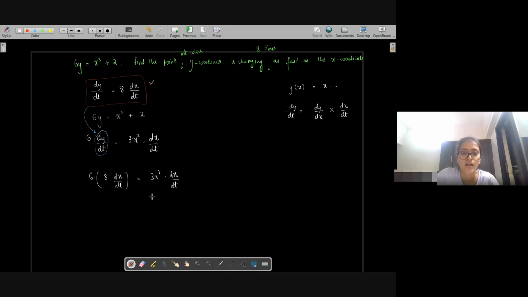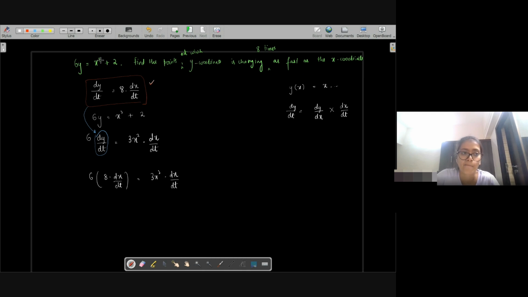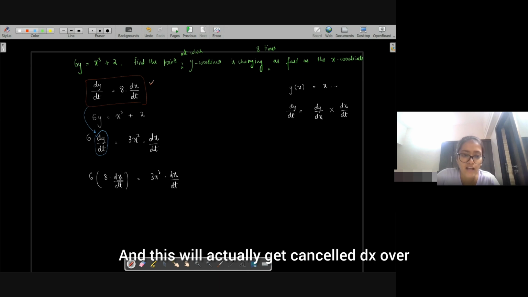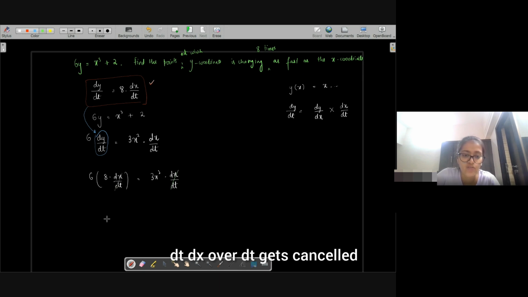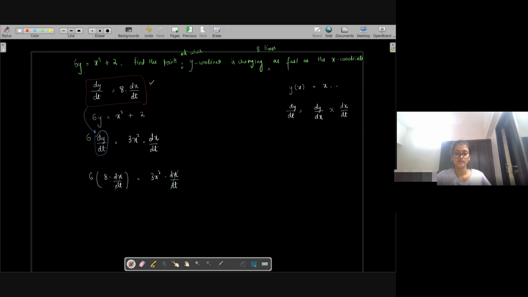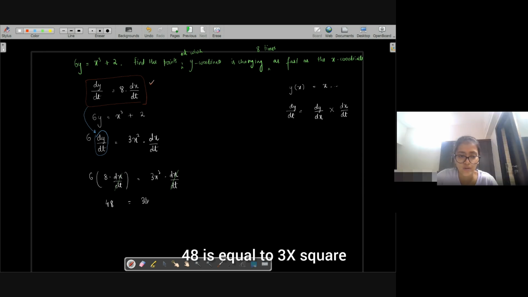Now, remember, you just have to find the values of x and y. So we need to get rid of this dx over dt, and this will actually get cancelled. dx over dt, dx over dt gets cancelled. And now, can you solve this equation for x squared? Yes. 48 is equal to 3x squared.